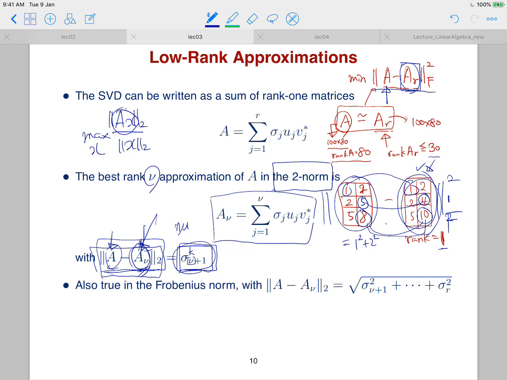And also it's in terms of its Frobenius norm sense, this is related to what we discussed before our break. So I'm gonna skip this part as well.